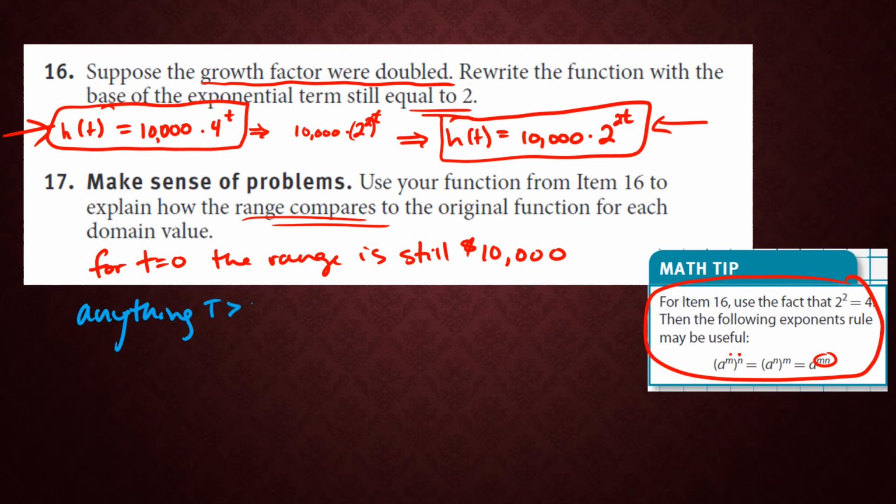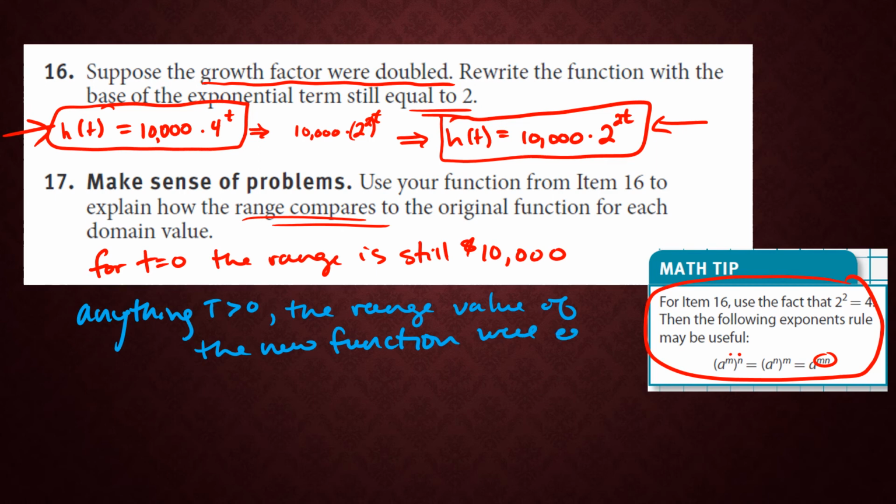So then what's going to happen though, for anything t greater than 0, the range value, the new range value, right? The range value of the new function will equal the old range value at double the years. Does that make sense to you? So like the new range value at 1 year is going to equal the old range value of 2 years.